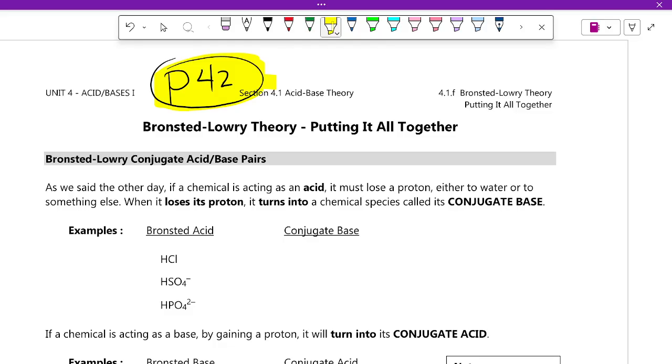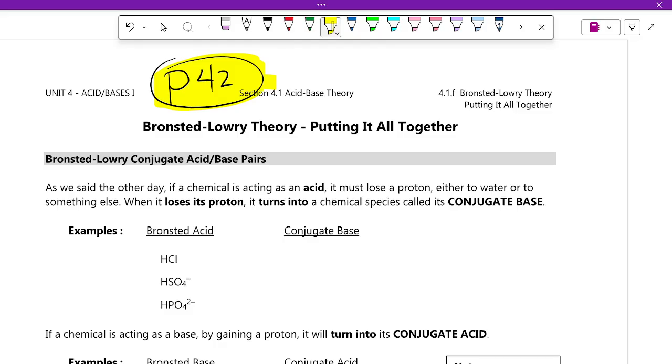I was a Bronsted-Lowry acid. I have turned into a Bronsted-Lowry base. I am a Bronsted-Lowry base, and I turn into a Bronsted-Lowry acid. What is the difference between me here and me here? I either have a proton or I don't have a proton.